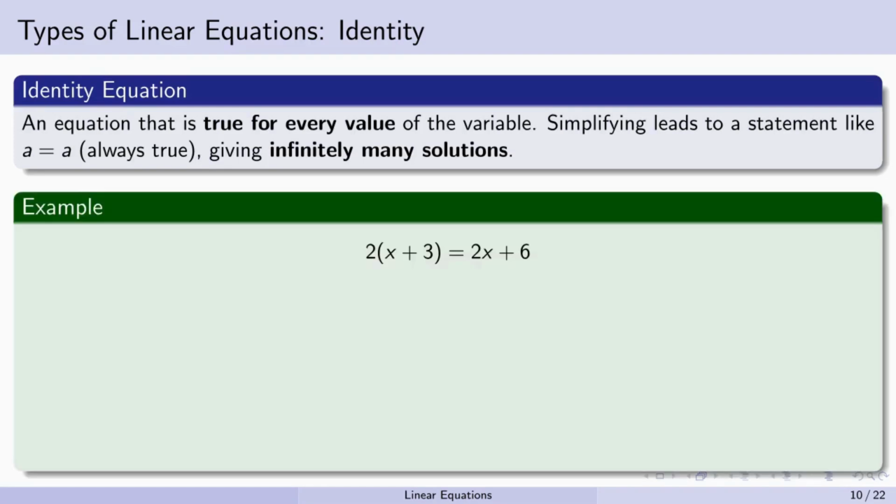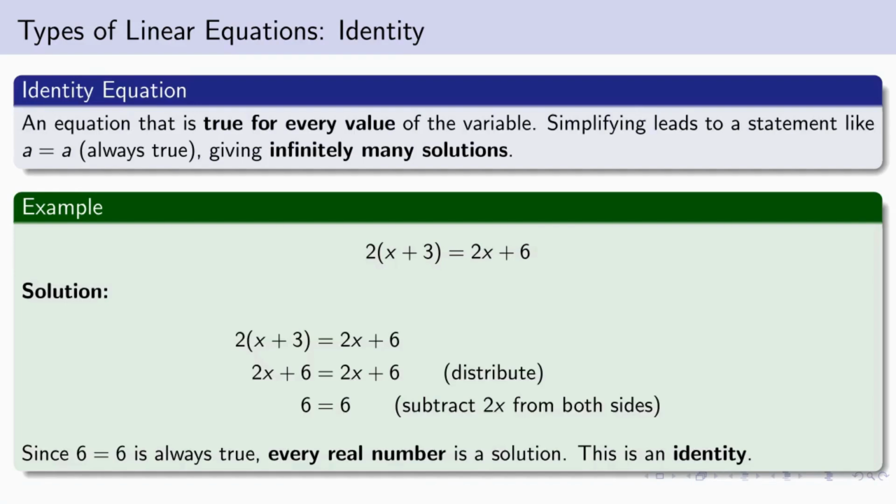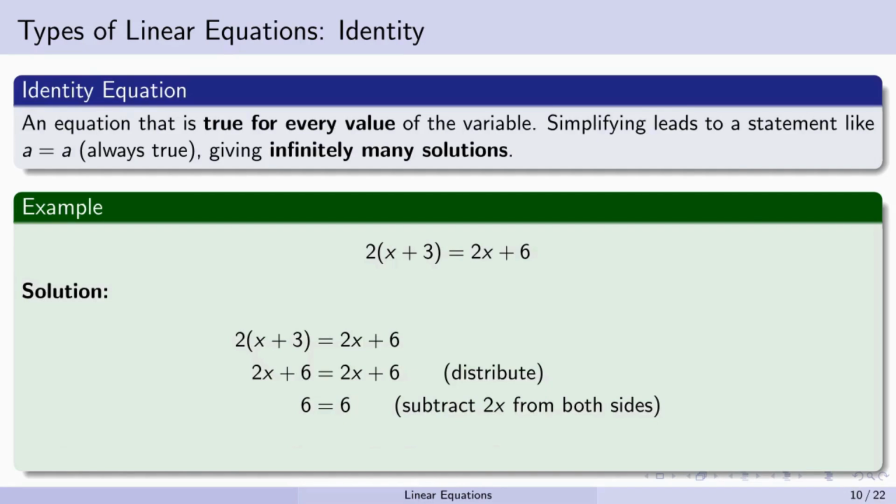For example, let's solve this one together. 2 times the quantity of x plus 3 equals x plus 6. Okay? First thing that we must do here is to distribute on the left side. That gives us 2x plus 6 equals x plus 6.